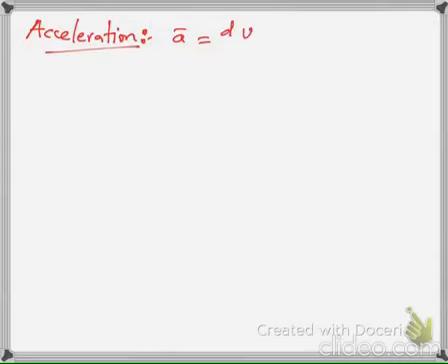So we know it is defined by the derivative of velocity, and if we plug in the value that we derived in the previous slide, d over dt will be the velocity magnitude and the unit vector direction ut.